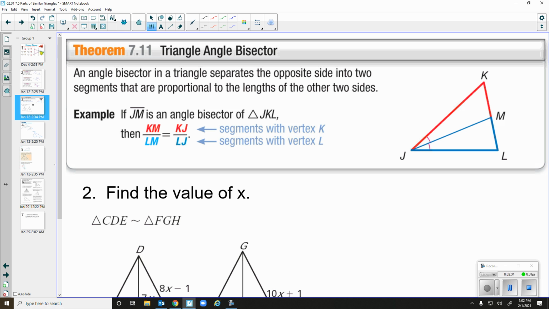I'm going to relabel these as A, B, and then C, D, just because I like seeing those instead of KM and LN and all that.